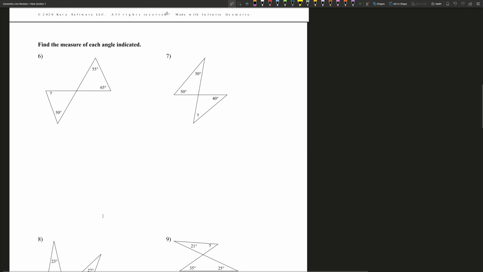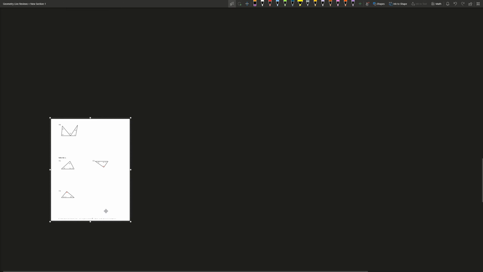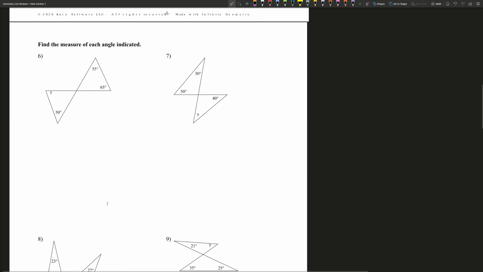All right. So 6 to looks like 10. I'll rely on your knowledge of the measures of interior angles of a triangle. We went over a theorem in class that says that the measures of the interior angles of a triangle all sum to 180.